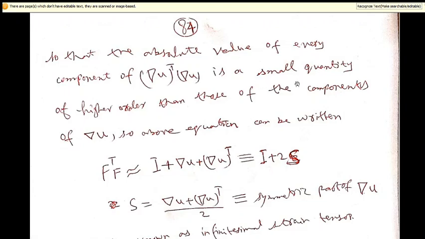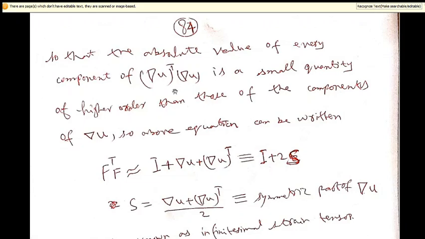So it is a small quantity of higher order than the components of this. Components are small, and when you take the product they become even smaller. So when you compare the components of this product with this, they will be much smaller, so you can neglect those.